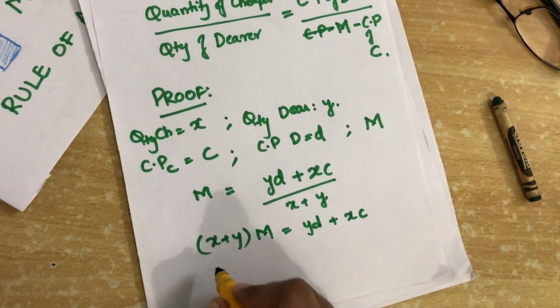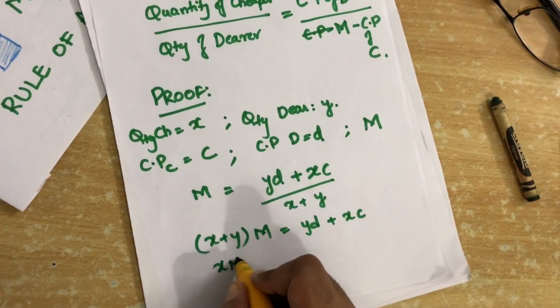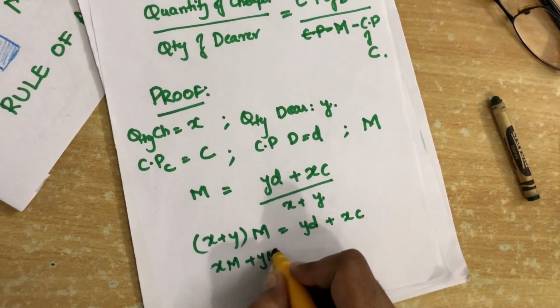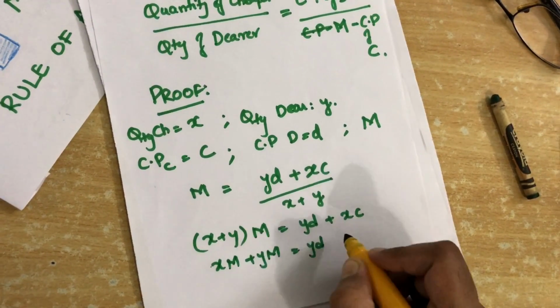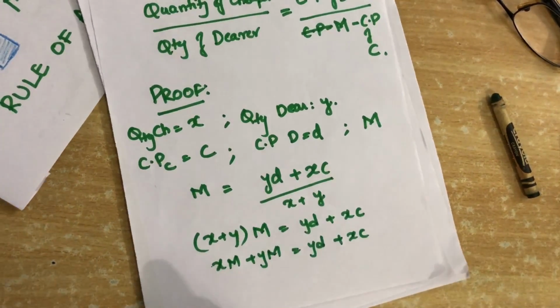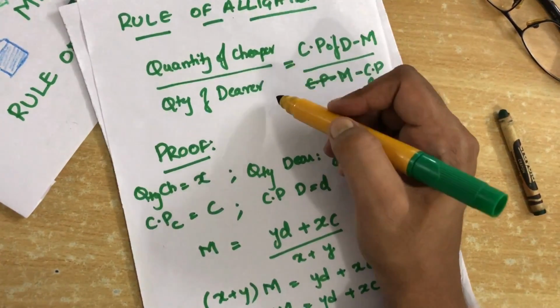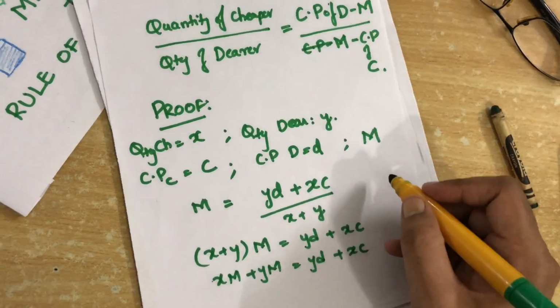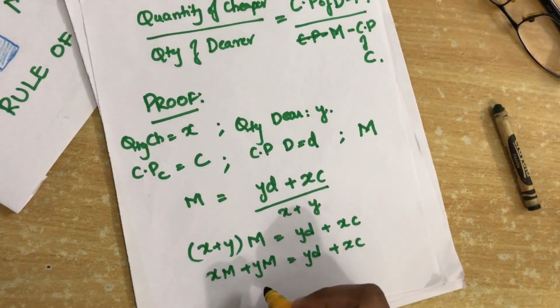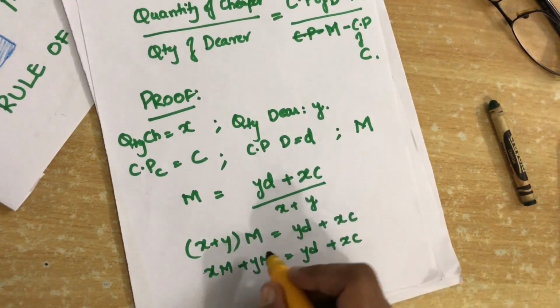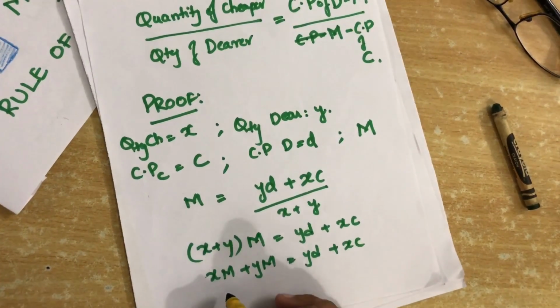So now I could do XM plus YM is equal to YD plus XC. What do I need? I need quantity of cheaper by quantity of dearer, which means what I need is X by Y. So let me just do a little transfer.